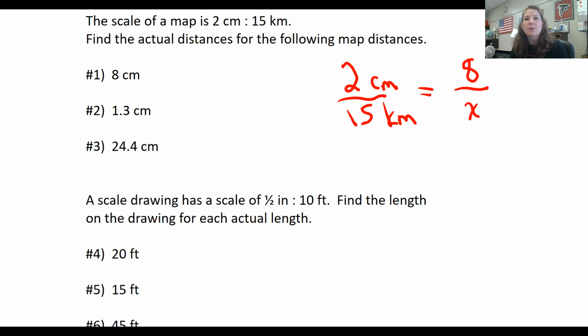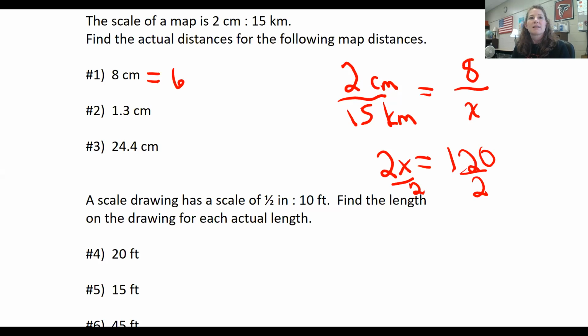So we're going to cross multiply. 2x is equal to 15 times 8, which is 120. Then we divide both sides by 2. So 120 divided by 2 is 60.